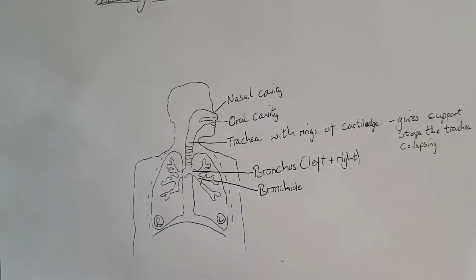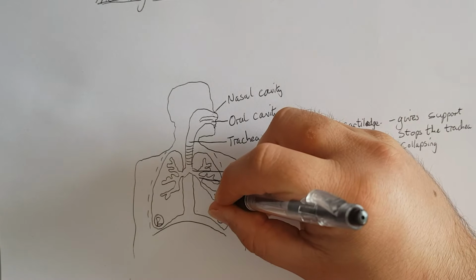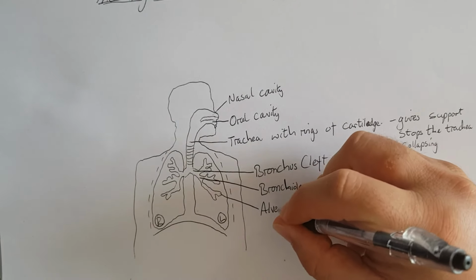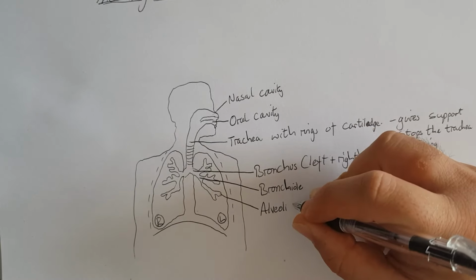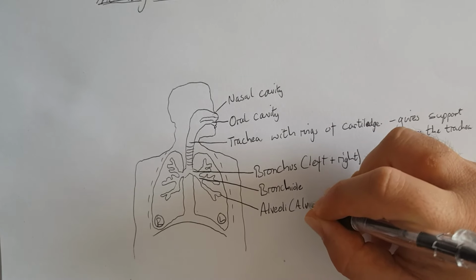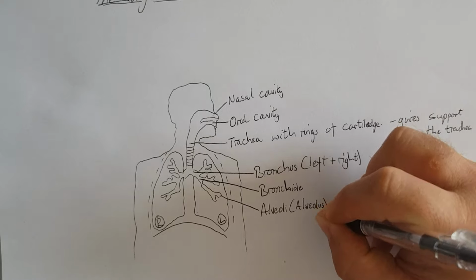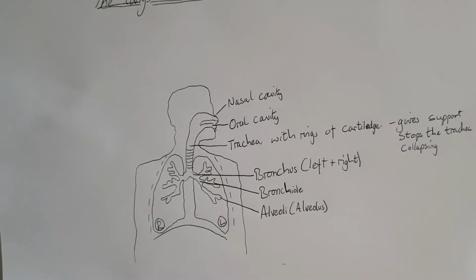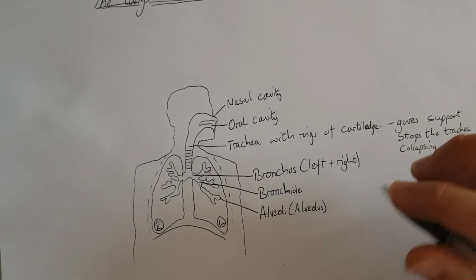All the way at the end, we have something called alveoli, or alveolus. And the alveoli are small little sacs, and that is where the gas exchange happens.